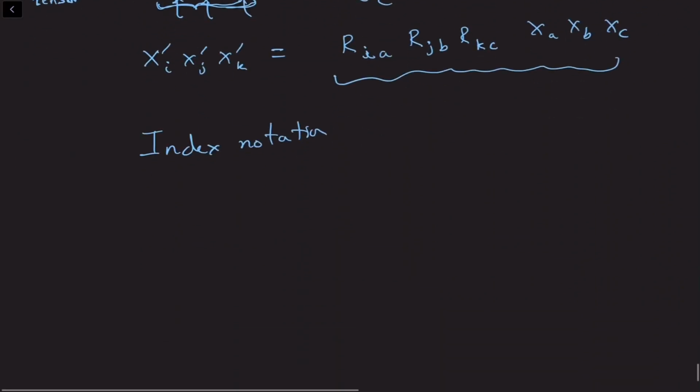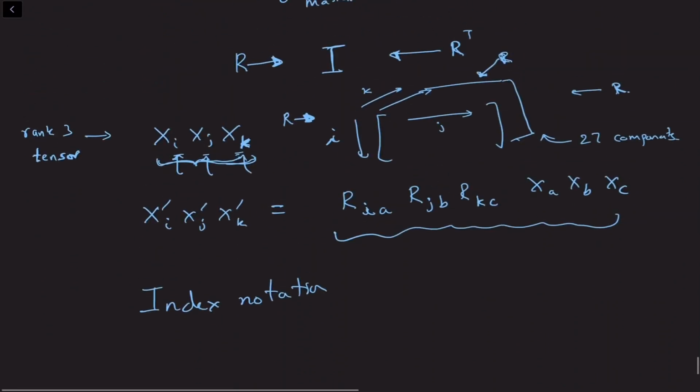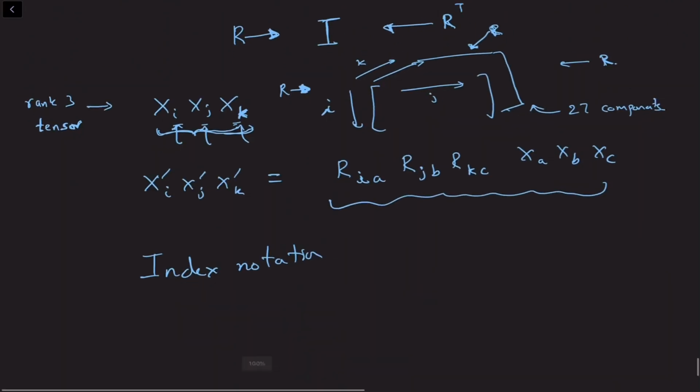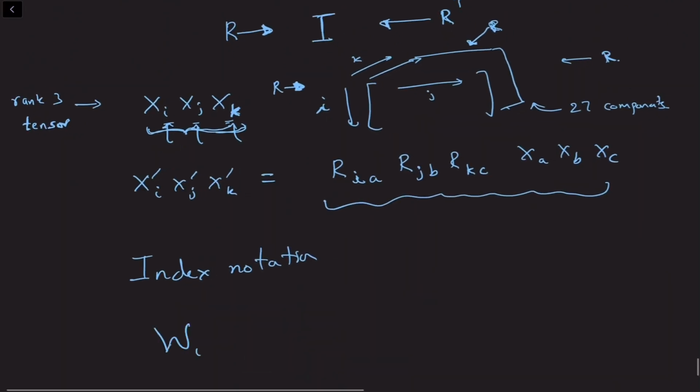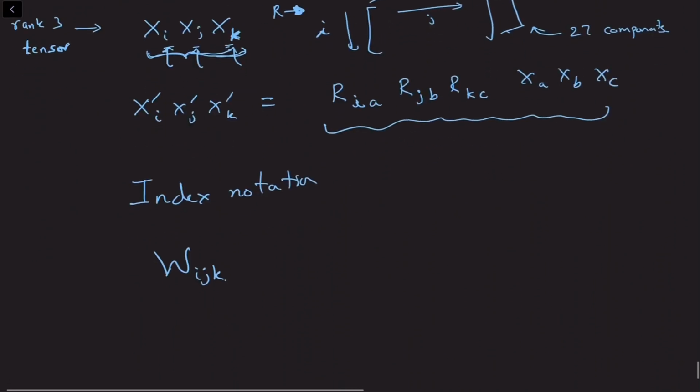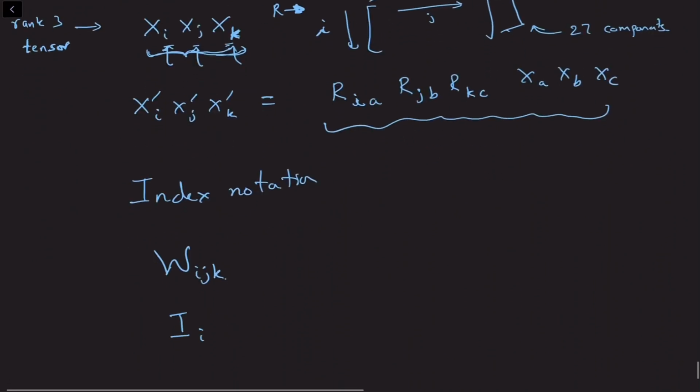So in general, we can write it as a single object with indices i, j, k, just as we defined the moment of inertia tensor as an object with 2 indices i, j.